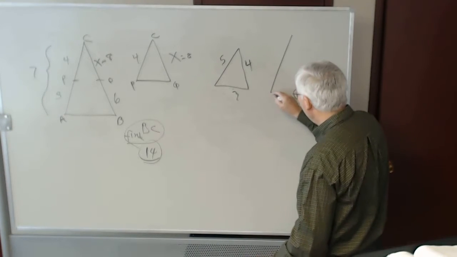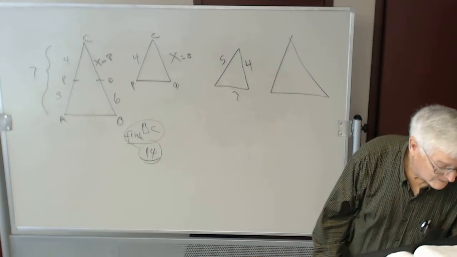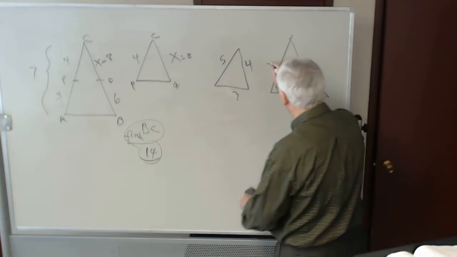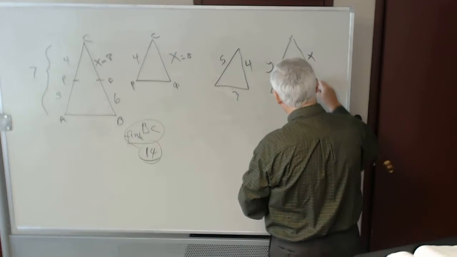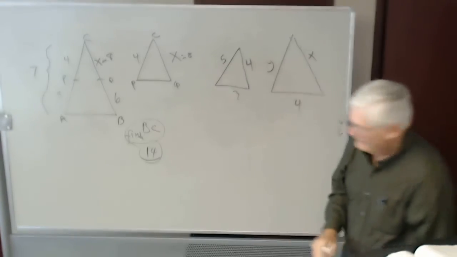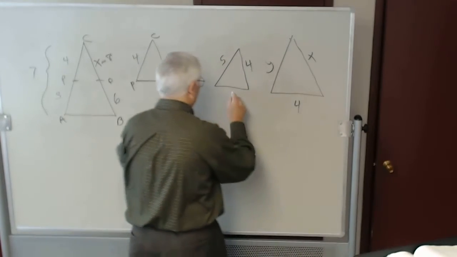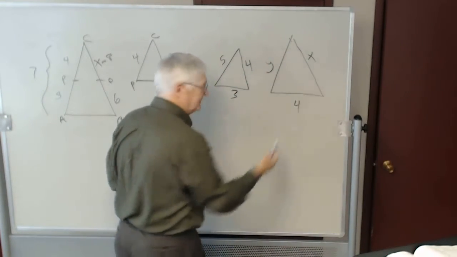And what's the other one? Y, X, and 4. Agreed? So this is 3, this is 4, this is 5, this is Y, this is 4, this is X.